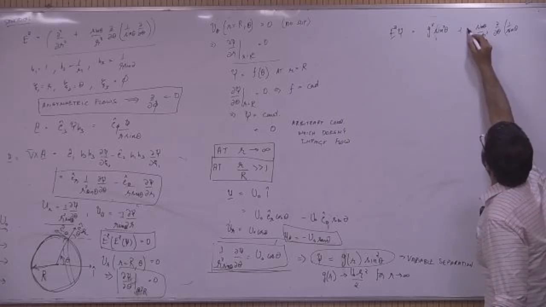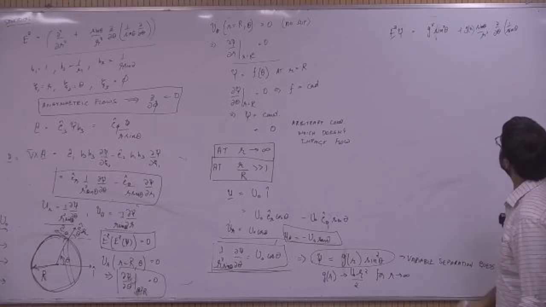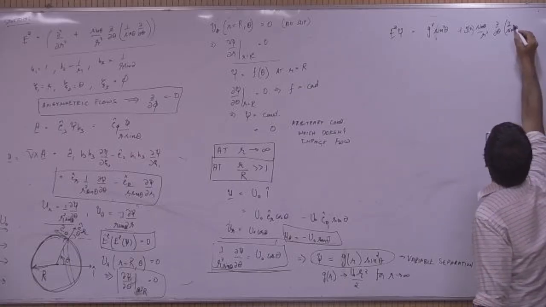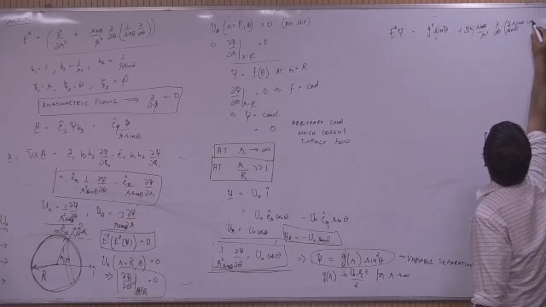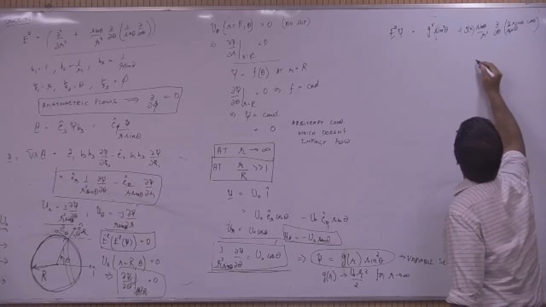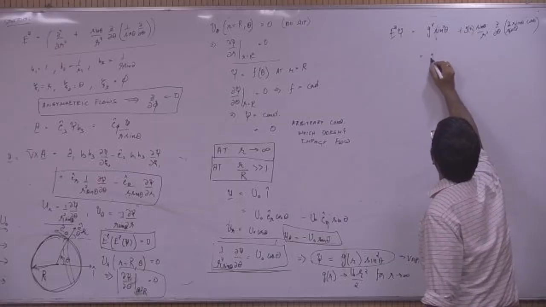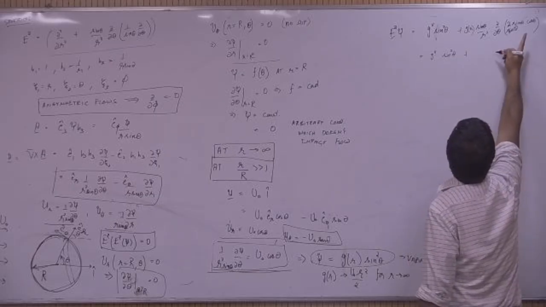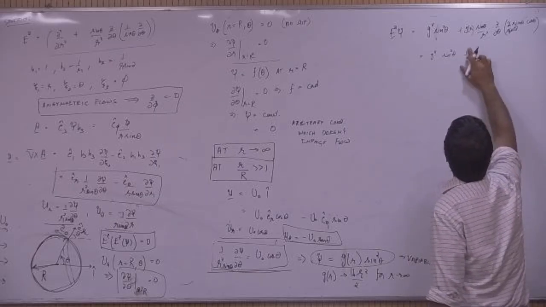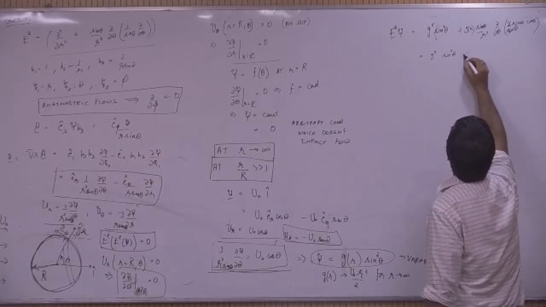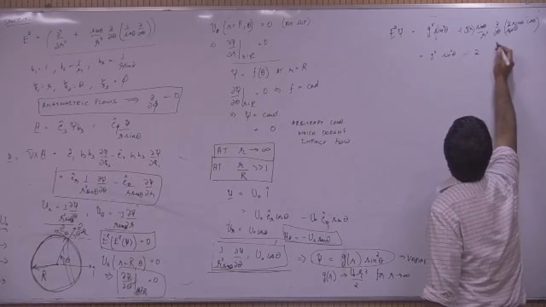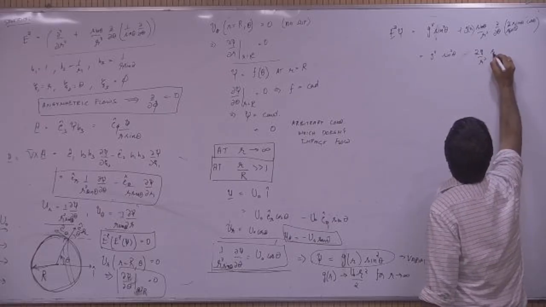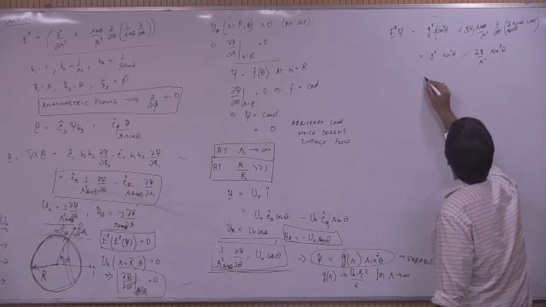So g I can take outside because there is only differentiation with respect to theta. So sine square derivative is 2 sine theta cos theta. Sine theta cancels out. So what are you left with? g double prime sine square theta plus, what do we get here? Minus 2 g by r square sine square theta.